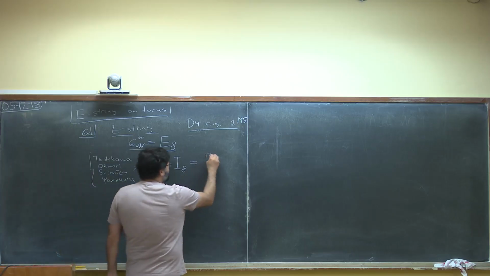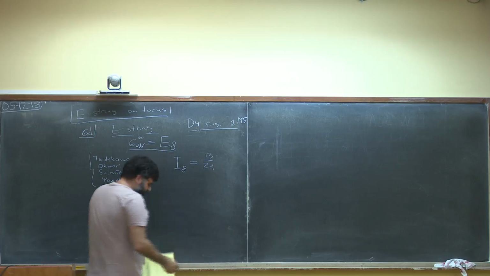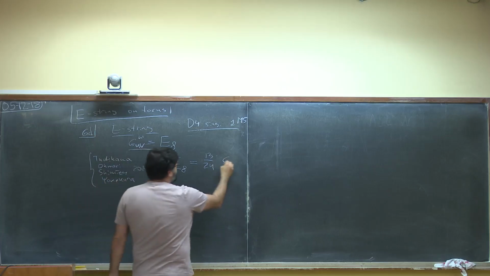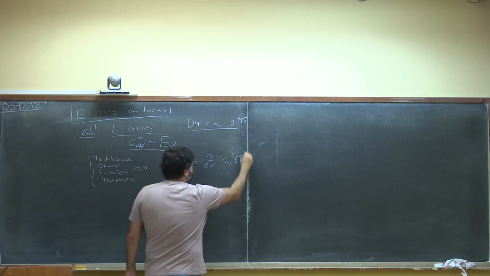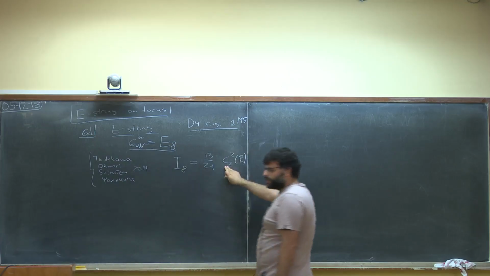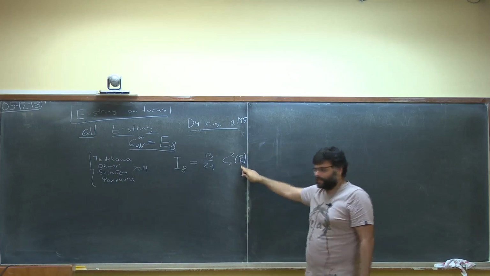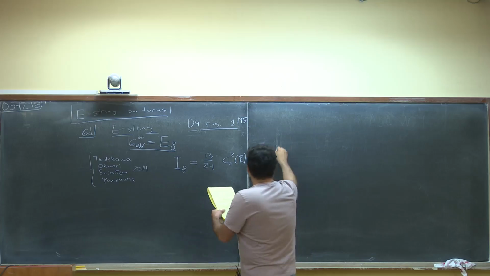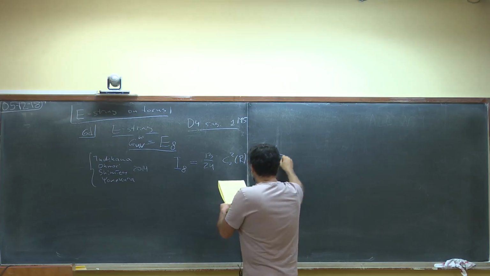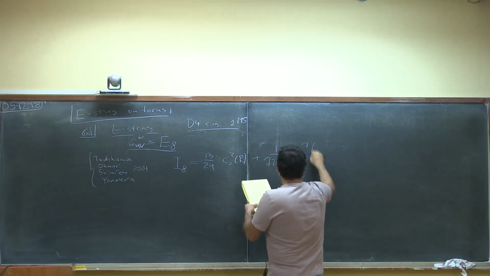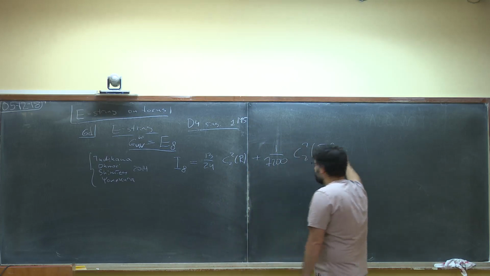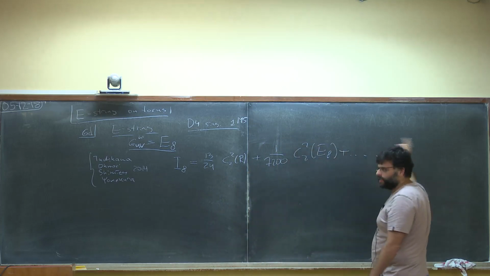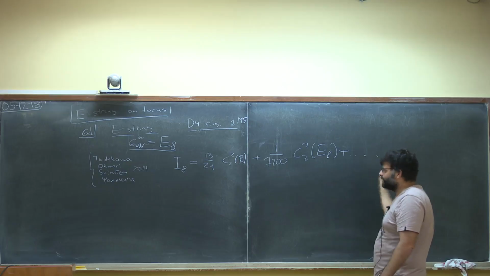I will not write the full anomaly polynomial, it's some monstrosity, but I will just write a couple of terms to show you that it is some very concrete expression. For example, we have such terms where this is the second Chern class for the R symmetry bundle. And then we have, for example, something which depends on the E8. There are many other terms, several lines of terms.